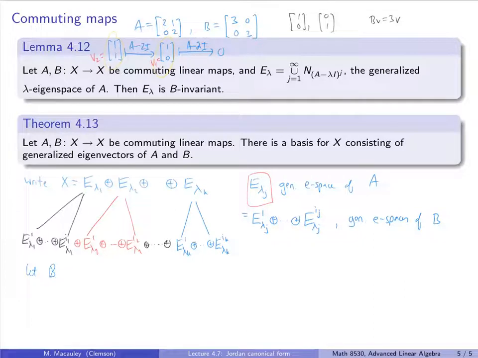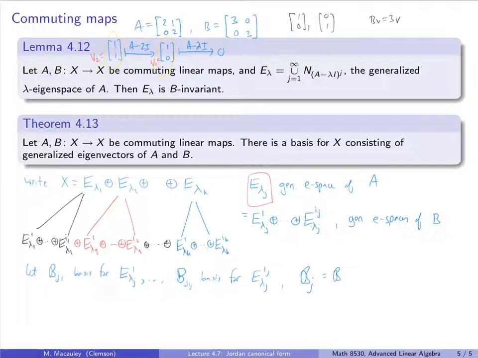So let B J1 be a basis for E lambda J1, and then B J IJ be a basis for E lambda J IJ, and so forth. And then let's let BJ be the union of all of these things. So I don't even know if it's worth writing it up like this.